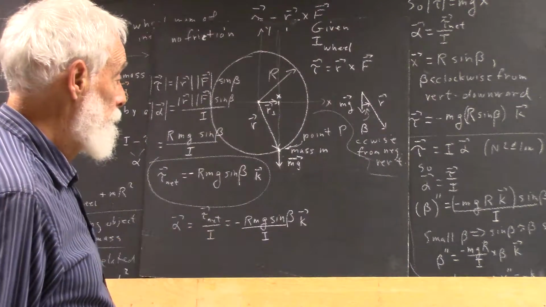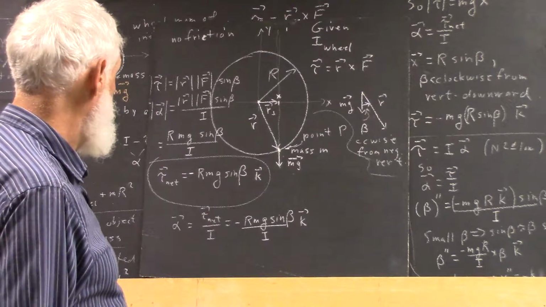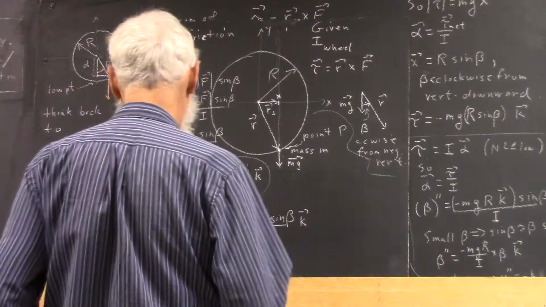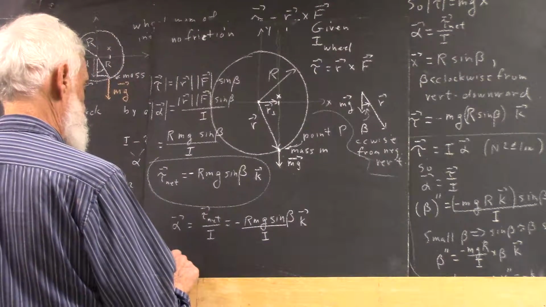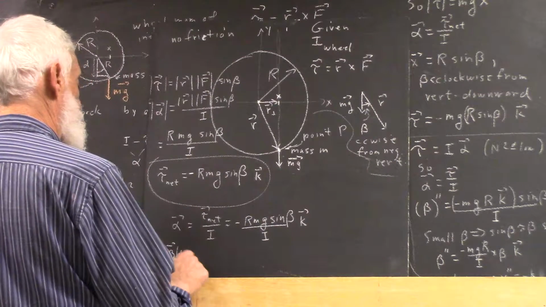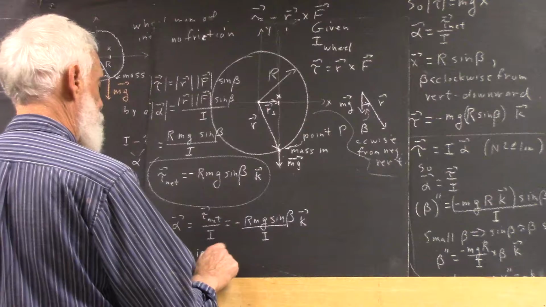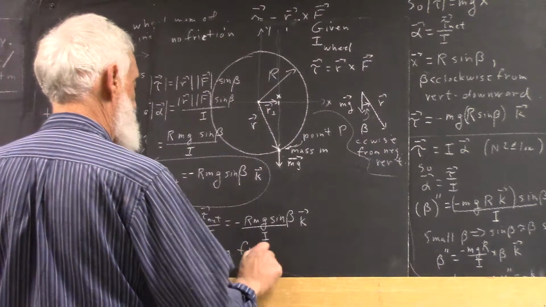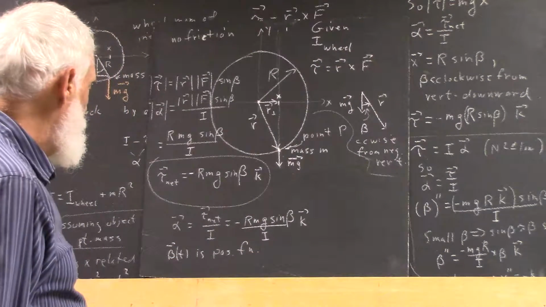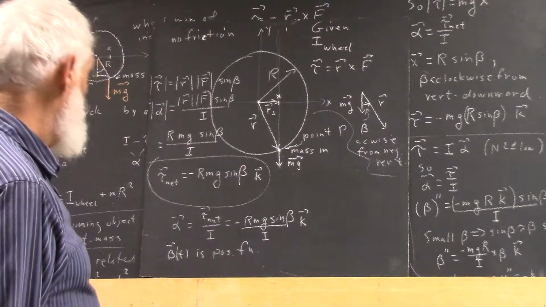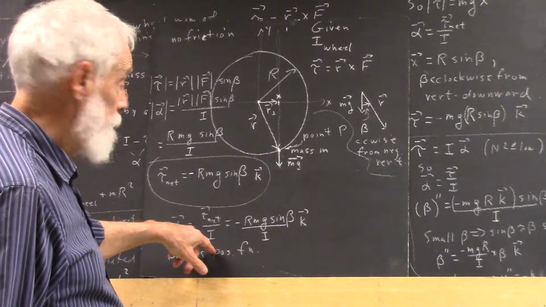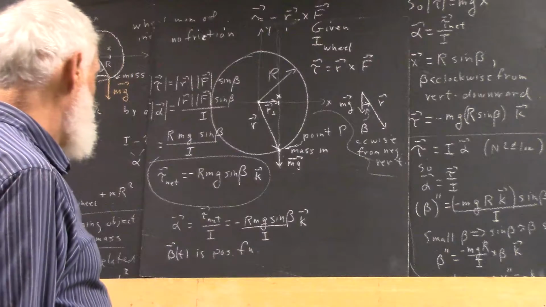How do we get the equation for beta? So beta of t is going to be your position function. How do we get the position function? Well, alpha equals tau net over I equals all this, okay?